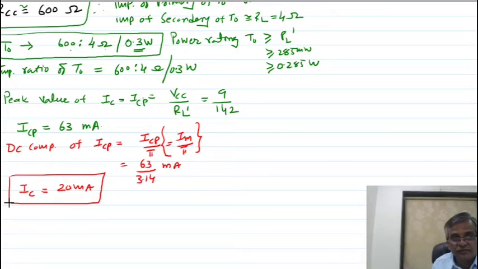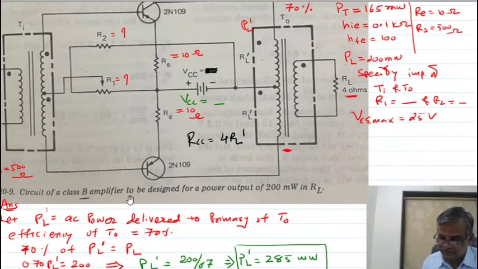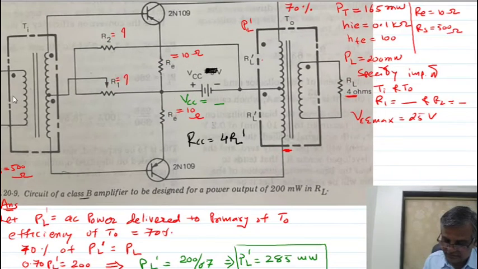Now we'll talk about how to calculate R1. Look here, how to calculate R1. See here, this is your VB, this is your VB, here is your jumper. Actually this is a jumper here. The voltage across R1, between this point and this point, is VR1.